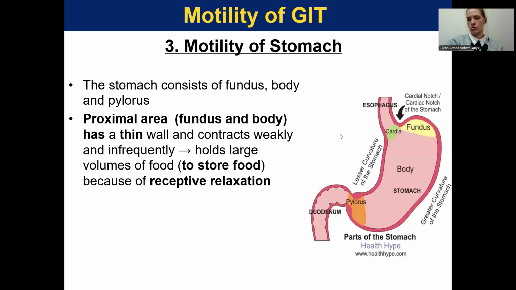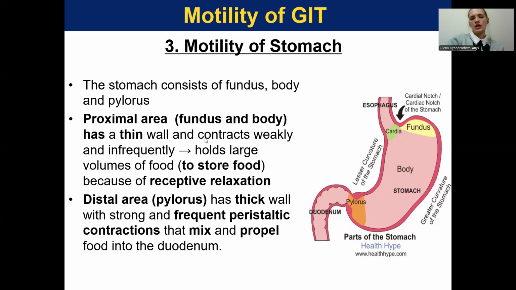Motility of the stomach. Here we have the cardial sphincter, here we have the pyloric sphincter. Fundus, body of the stomach. Normally, all our food should be moved in this direction.